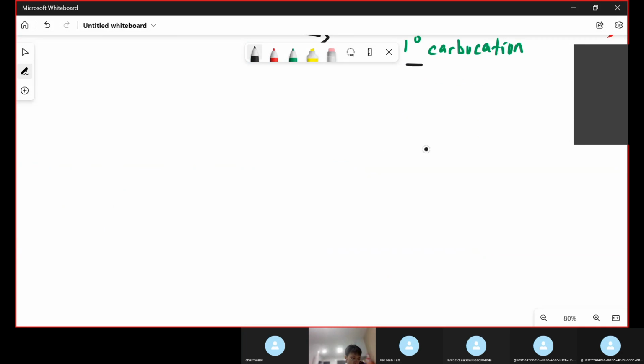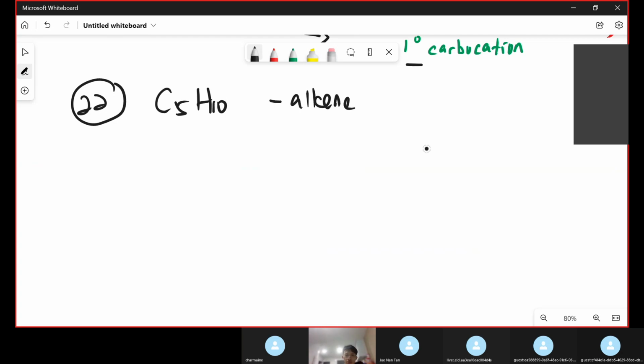Okay, this is question 22. Since it is C5H10, an alkene, it contains no ring. Let us start from the straight chain.